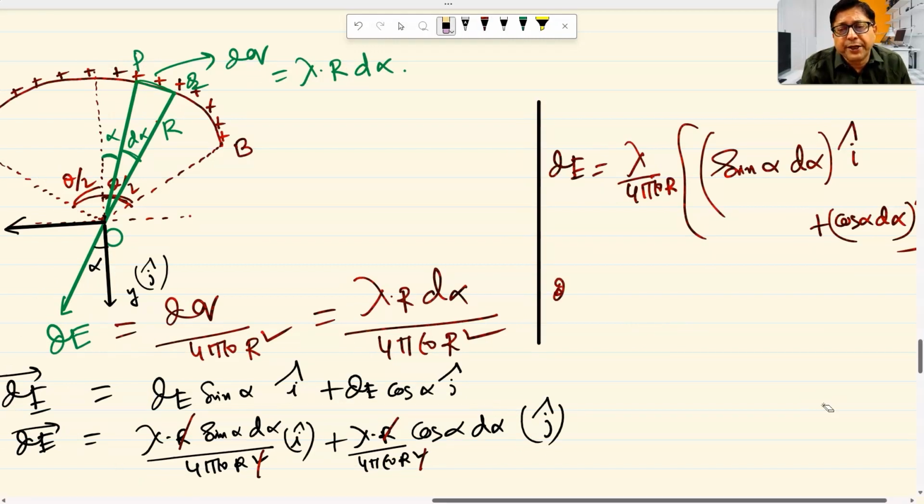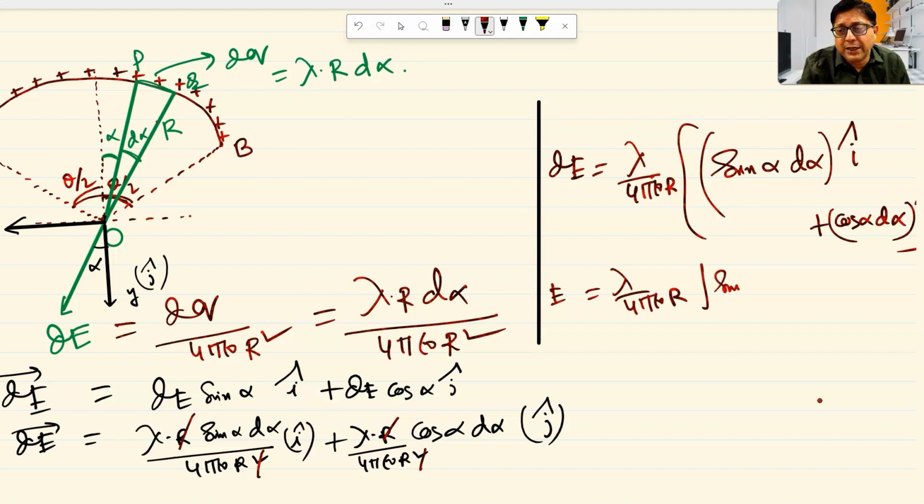So if we integrate both sides, E is lambda by 4 pi epsilon 0 r, integration sin alpha with i over there d alpha. Limit of integration will be what? Initially you are dividing two parts, theta by 2 and theta by 2.